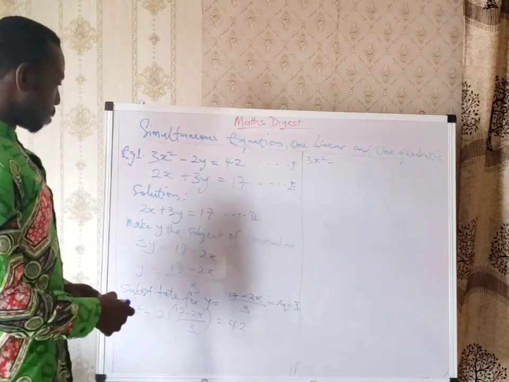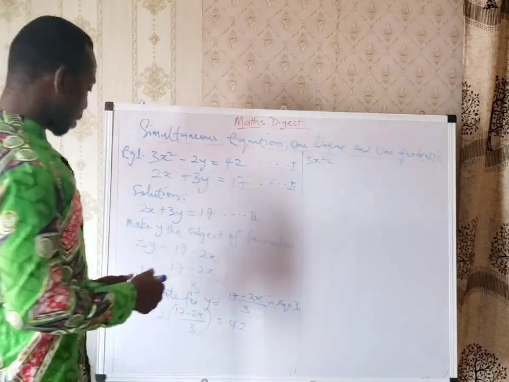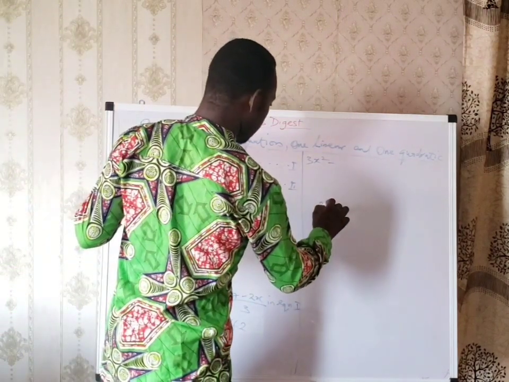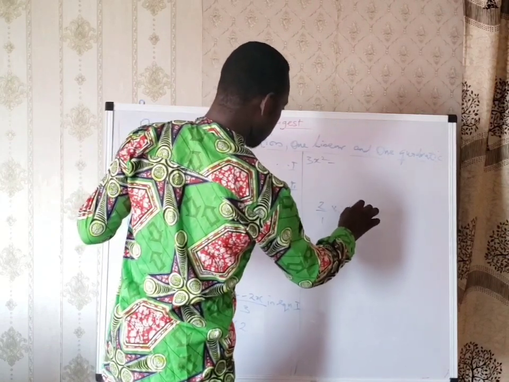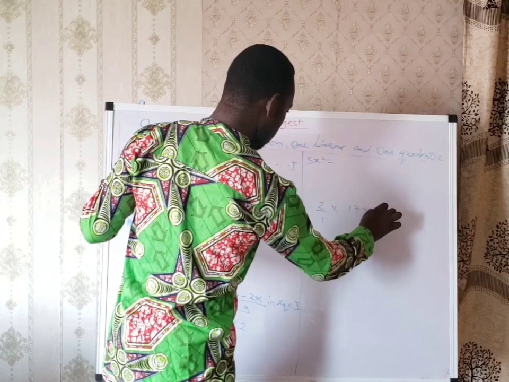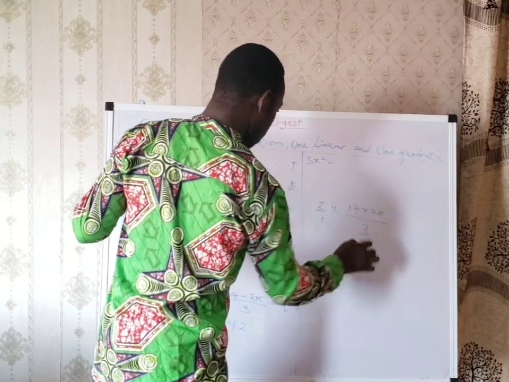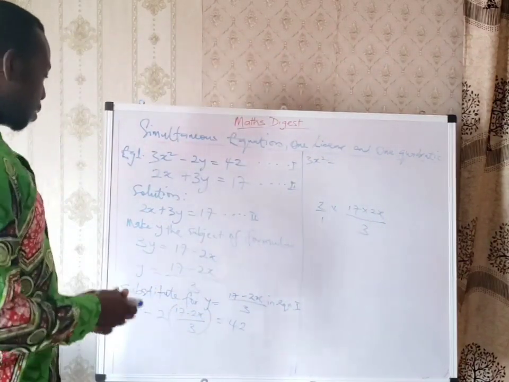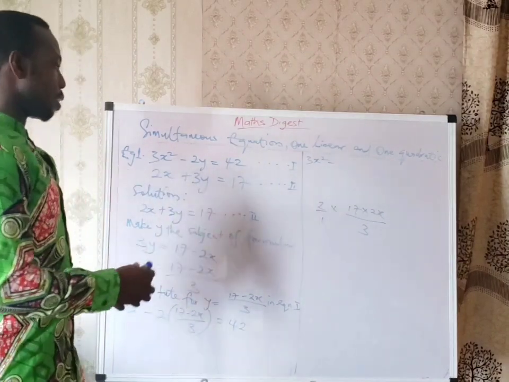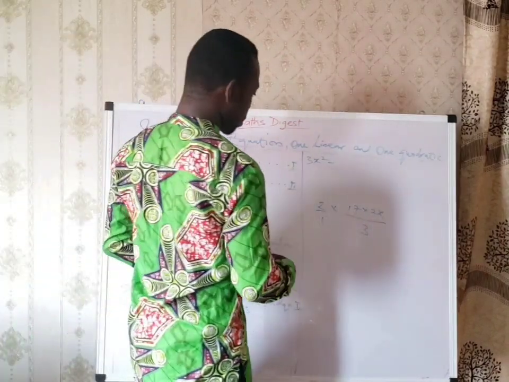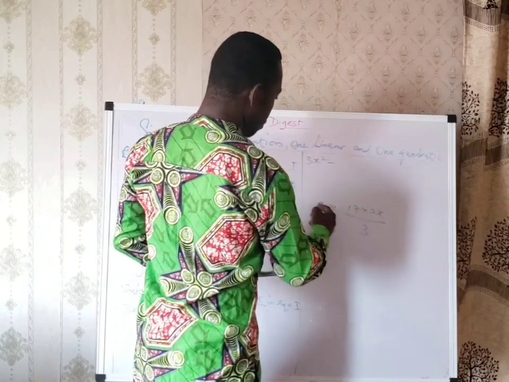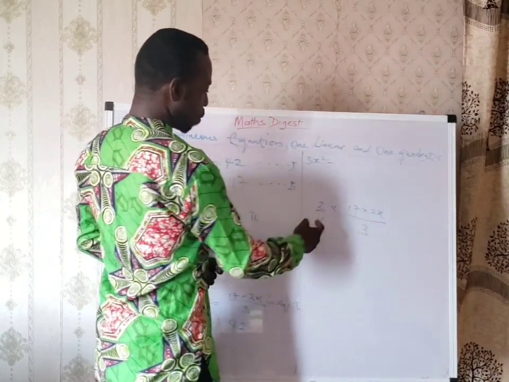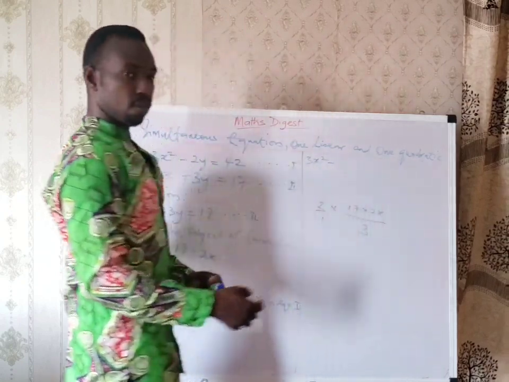Let me explain it better for those that may not understand it. In a case like this, you multiply through: the numerators will multiply themselves, while the denominators will multiply themselves.